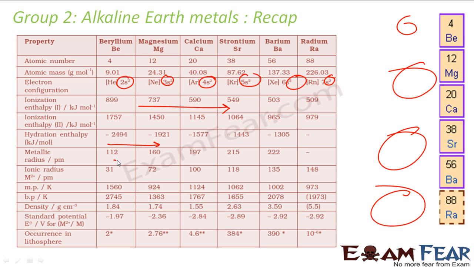The radius increases as we go down the group. The melting point and boiling point decrease. The density has a somewhat irregular pattern, so we can't determine density just by logic, we have to have the data. For density, it decreases, then it starts increasing.